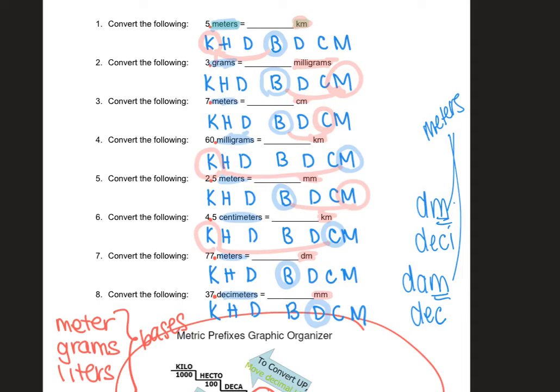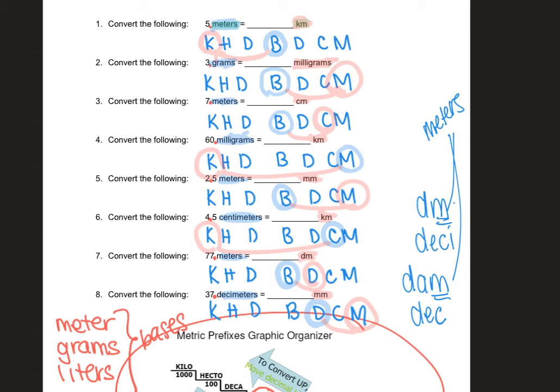And if you were talking grams, it would be DG and DAG. Okay. So then here I'm going to deci, and this one I'm going from deci to milli. So I'm going from here.